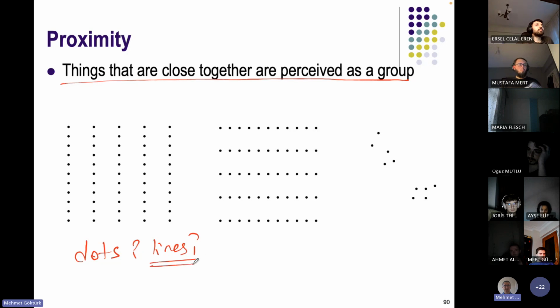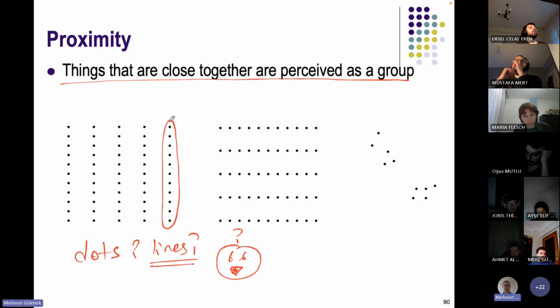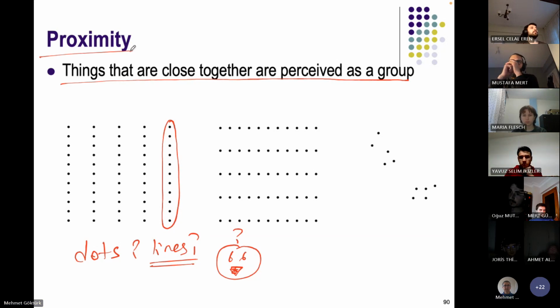We see lines because lines are formed in our brain. Lines are formed in our brain because they are formed with some proximity rules. Our brain associates them as lines. This is what the proximity principle, the Gestalt principle, is.